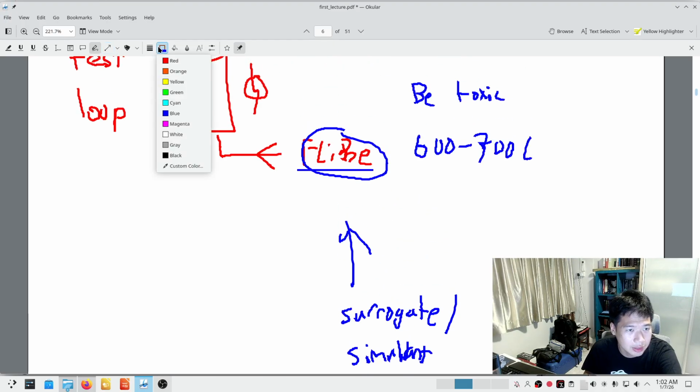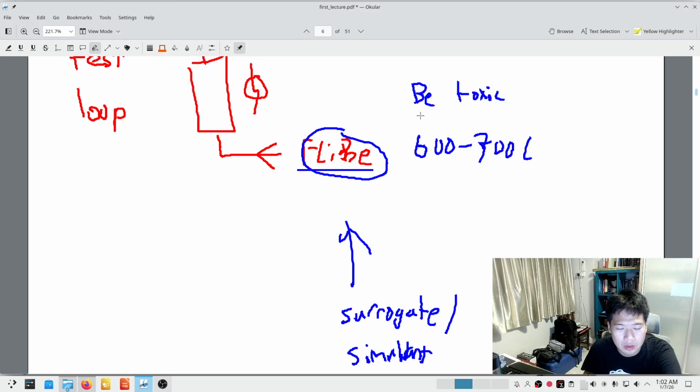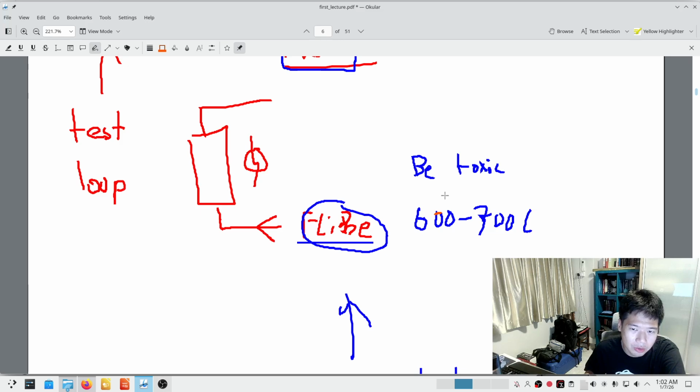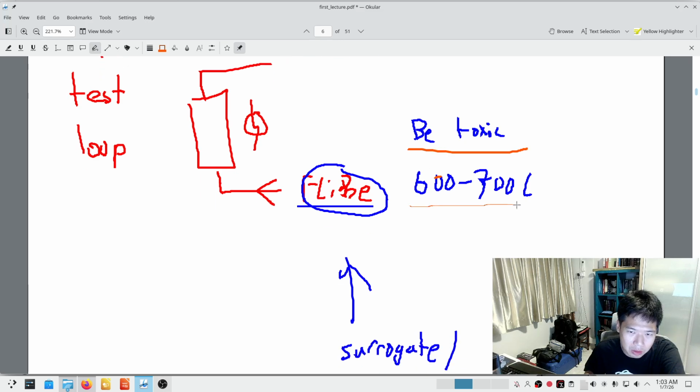You might say you could use water to simulate flibe because both of them are liquids, but that's not what we did. The idea behind this surrogate or simulant fluid is that you don't want to deal with problems like the high temperature or the beryllium toxicity, and you want to use a simpler fluid to simulate the flibe.